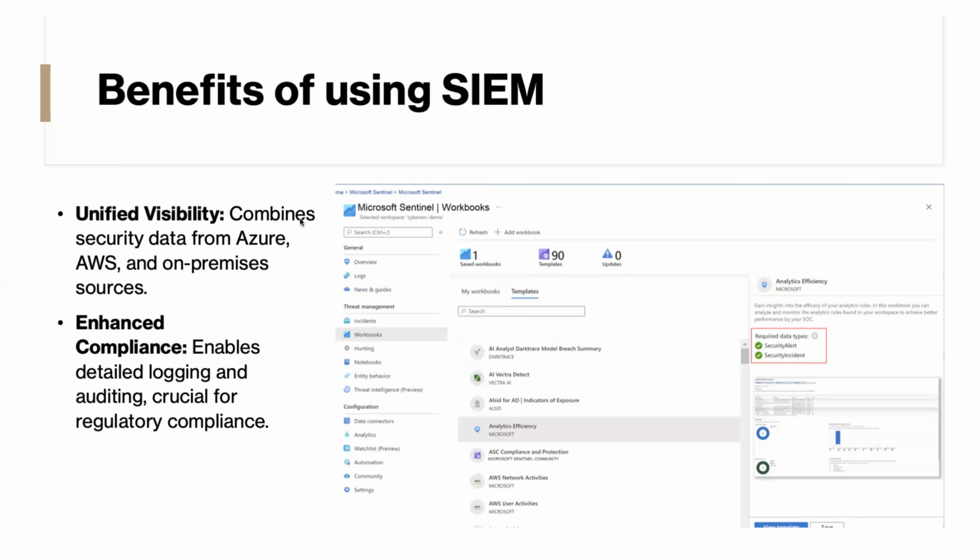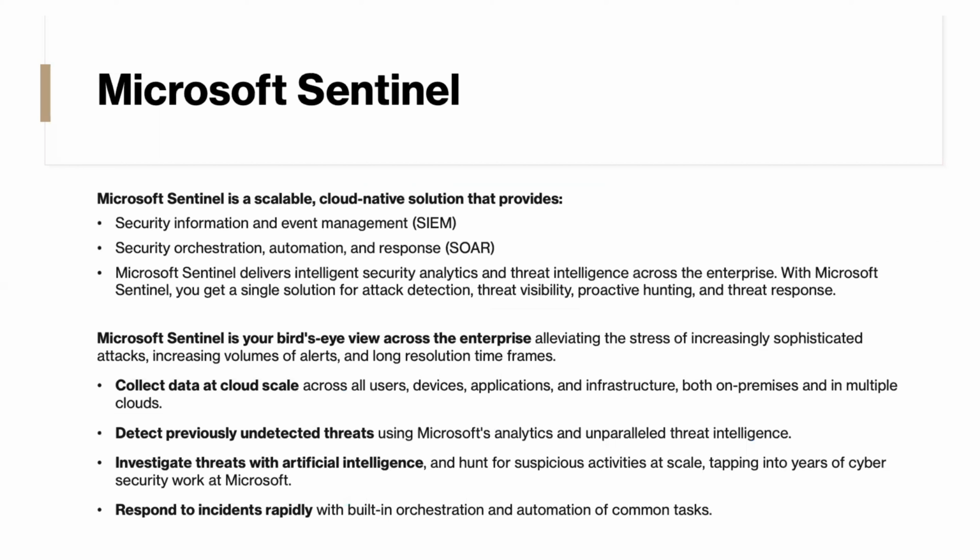For those who have done my Azure Cloud Solution Architecture, and I see about two of them here, you'll see that we've used workbooks and a few of these tools. It provides you unified visibility as well as enhanced compliance for your cloud infrastructure.